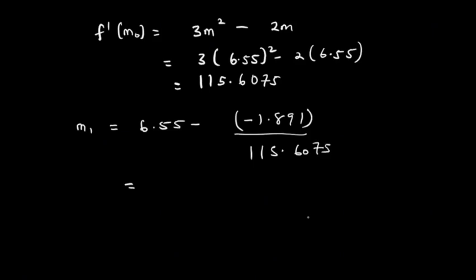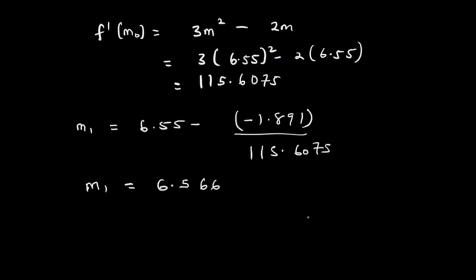So after carrying out the operation, we have m1 is equal to 6.566, right? So that's our m. You can still carry out the iteration, but I'm going to stop here because this answer, 6.56, is almost the same thing as 6.55. So let's go with it.